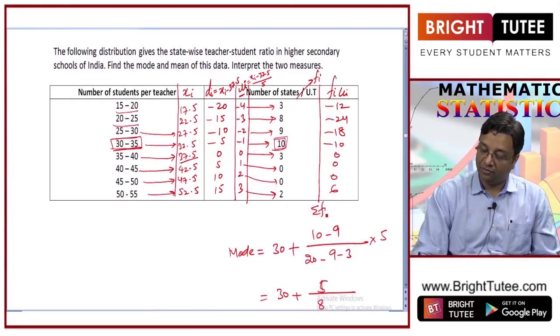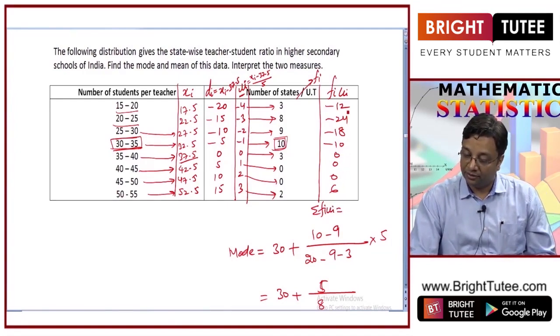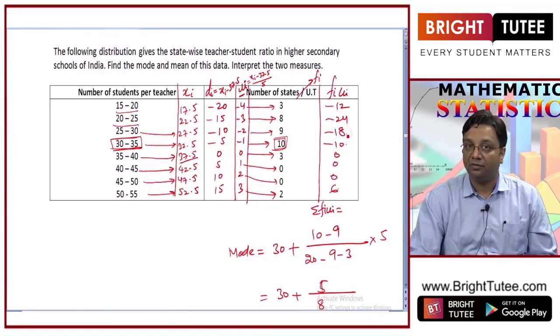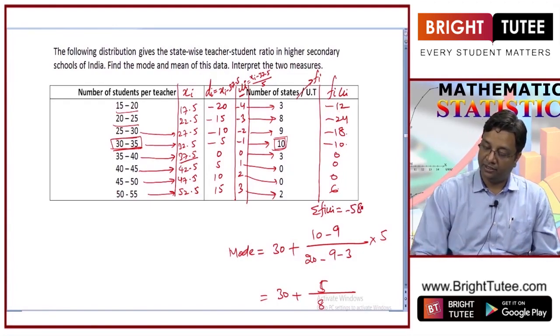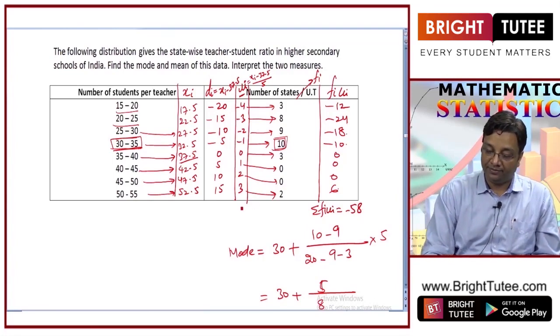So what is the sum sigma fi ui? So this will become 6 minus 10 is minus 4, minus 4 minus 18 is minus 22, minus 46, minus 58. So this is minus 58. And what is sigma fi?